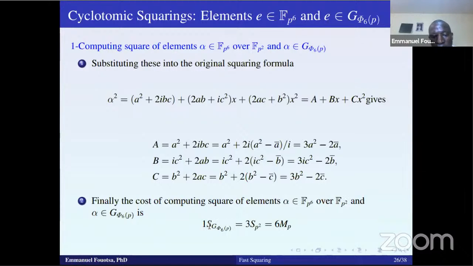So one cyclotomic squaring here is just 3 squarings in the extension FP2. And remember that in the extension FP2, a square costs exactly 2 multiplications. So these 3 squarings cost a total of 6 multiplications.